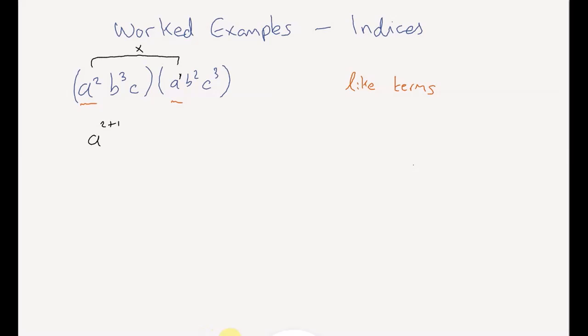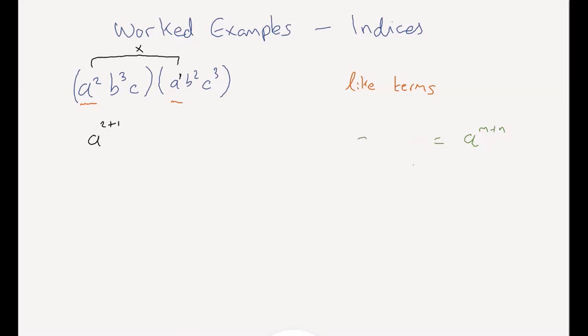I'm going to write the formula out over here on the right hand side just to remind you. So we've got a to the m n is equal to a to the power of m plus n. Oh, I made a mistake there, haven't I? Let's go back. I missed out the other term, so I'll correct that.